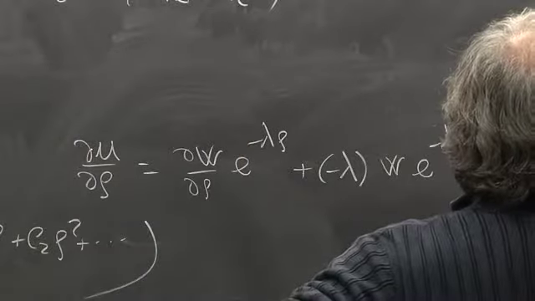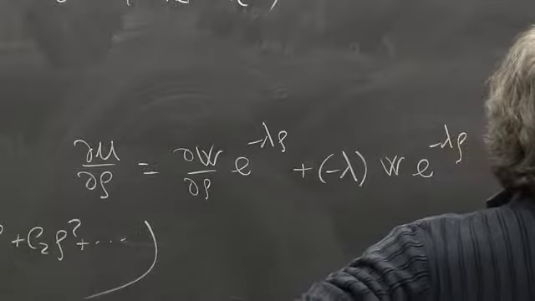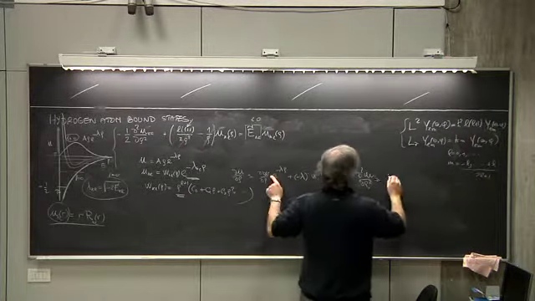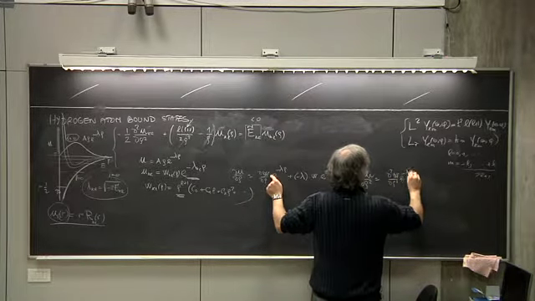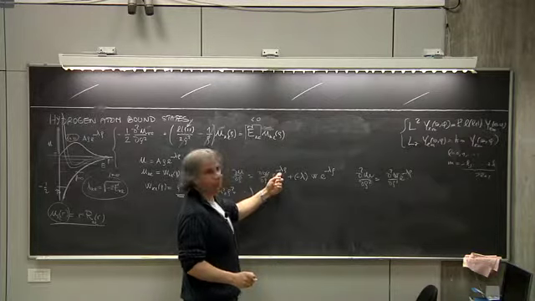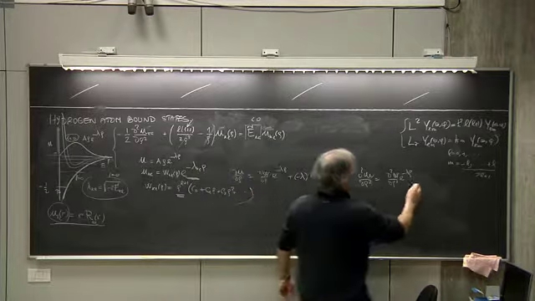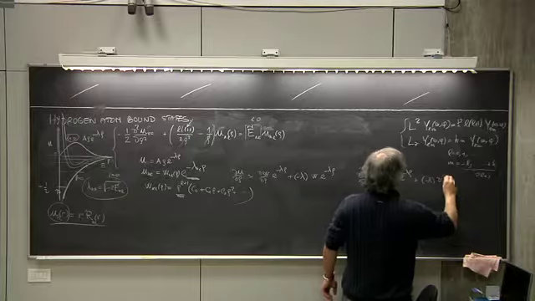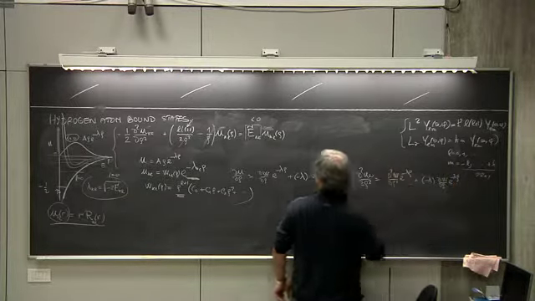Then I do the second derivative of u. Okay? And I get the following. I get a second derivative of W, for sure. Okay? Then I get what? Derivative of this, which will give me minus lambda derivative of rho e to the minus lambda rho.